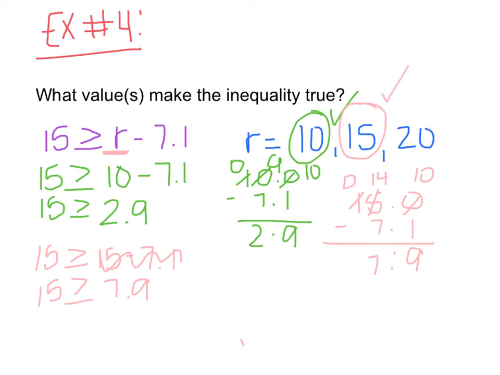And our last one, we have 20. So I'm still using this original problem, and I'm just plugging in 20 in place of r. So 15 is greater than or equal to 20 minus 7 and 1/10. And I'm going to do the work all the way at the top because that's where I have some blank space.